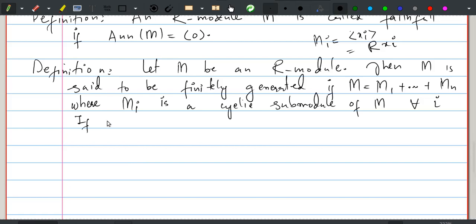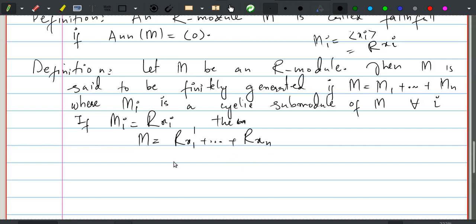So if Mi is actually R times xi, then this M is Rx1 plus so on plus Rxn, and this is the same as the module generated by x1 so on xn, an R module generated by these elements x1 so on xn.